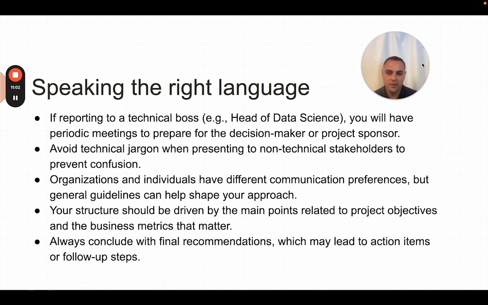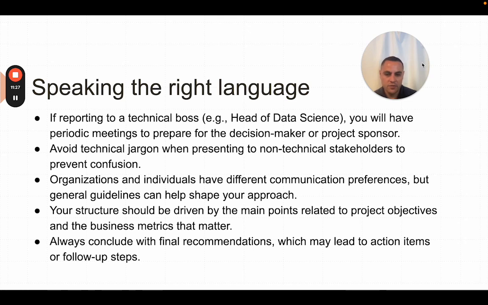So you want to avoid technical jargon or heavy discussion of p-values to a precise number. Translate and function as a translator in that setting. Also, groups have different communication preferences, but generally these can help shape your approach.